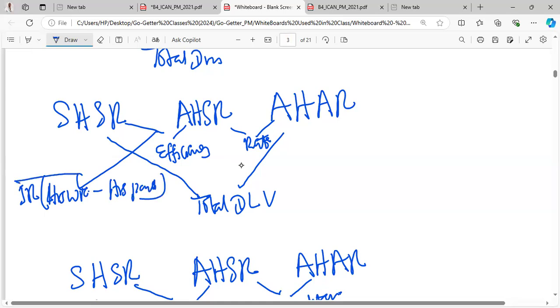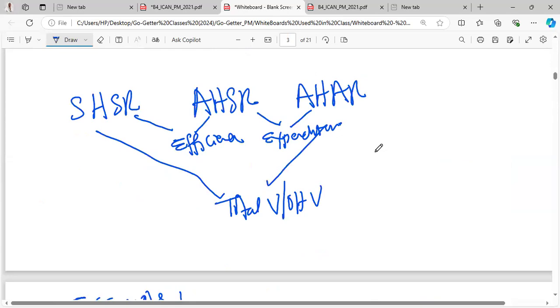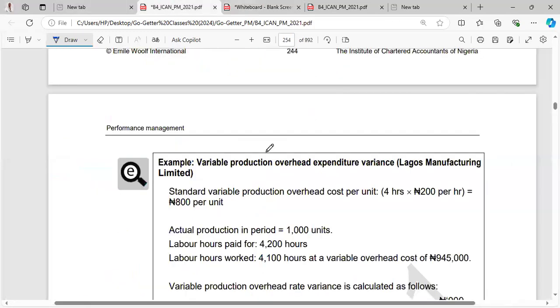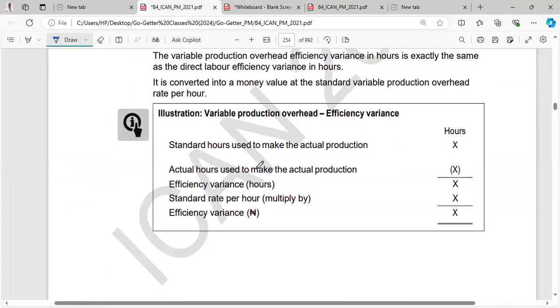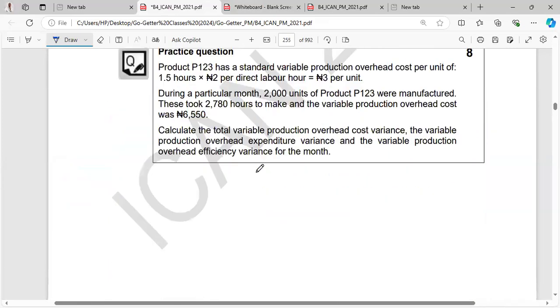This one is for idle time. So this is the summary of what we have done so far today. All right, so I will ask you to look at all these examples that we have discussed here and go out and work them out again.